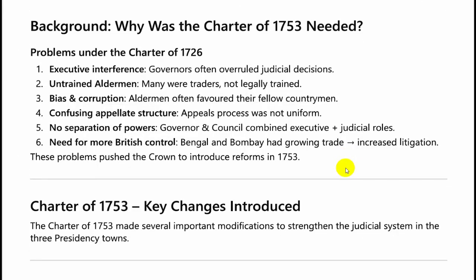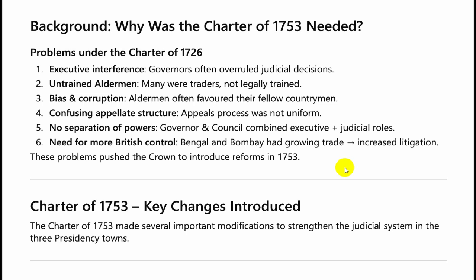First, let us understand why there was a need for the Charter of 1753. Executive interference: as we discussed earlier, the governors often overruled the judicial decisions given by the mayor's court. The aldermen were untrained. Most of them were either merchants or traders, and they had no legal knowledge.